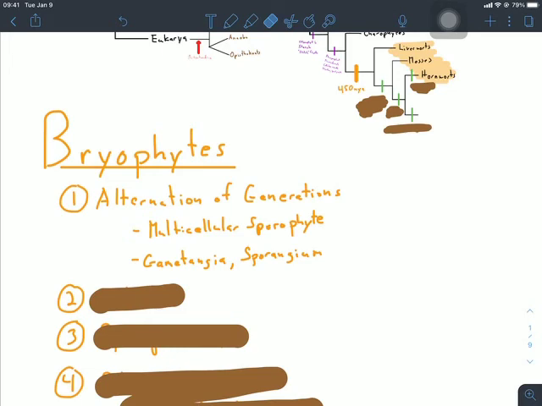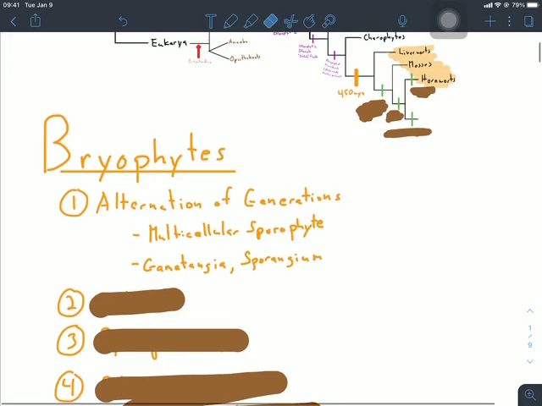So to really emphasize where that is, we've included it here as one of the major inherited traits. They also, in their alternation of generations, will create specific organs that are able to perform meiosis and are able to create sperm and egg.